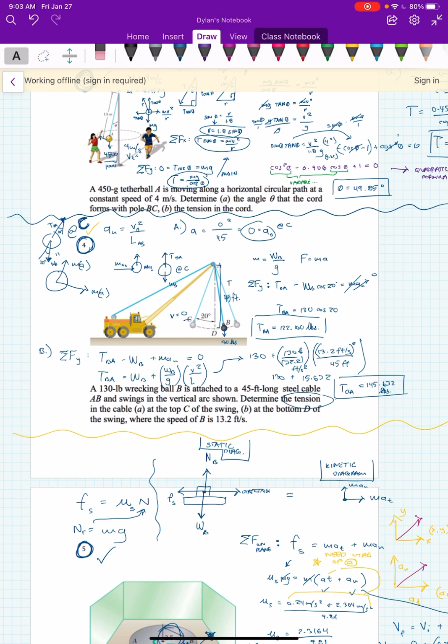I wrote the sum of my forces in the y direction, and solved for those. And I was able to get the tension in the rope from the ball up until the mounting point.